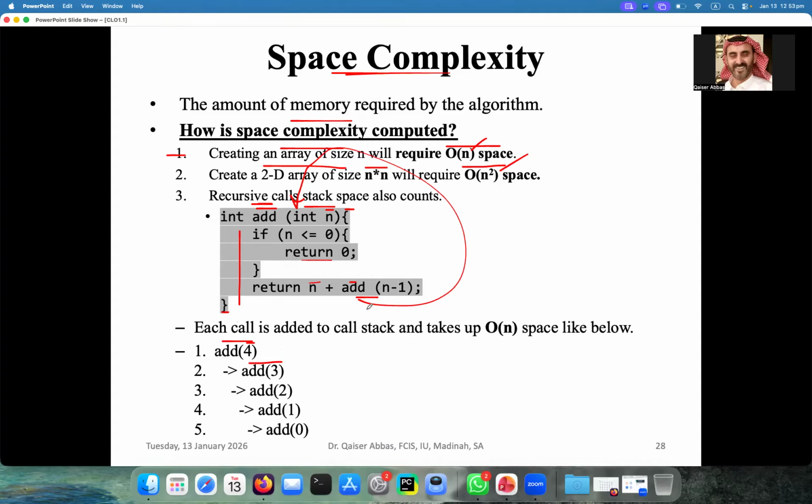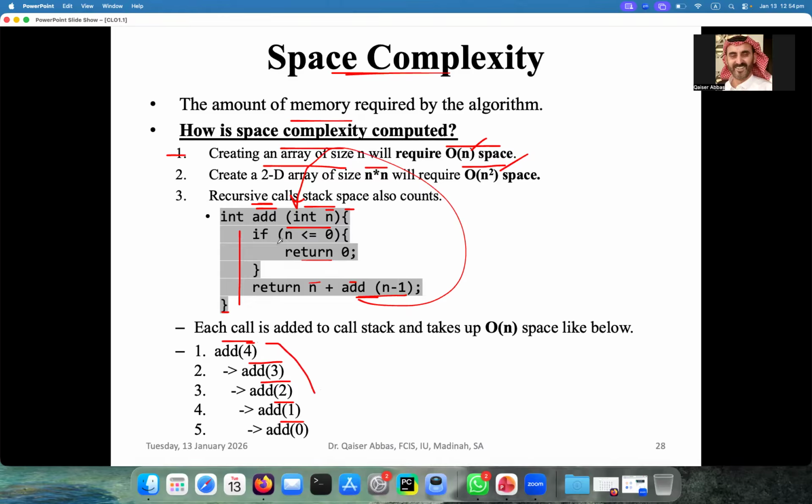When you call add 3, it is not less than 0, and again you will reach here, 3 minus 1, you will call add with 2. Then you will call add with 1. And finally, you will call add with 0. When 0 comes, 0 less than or equal to 0, yes, the condition is true, and then return. When you are calling, you are pushing these values into the stack.